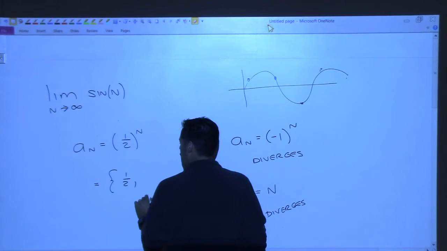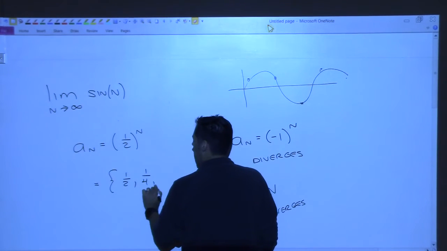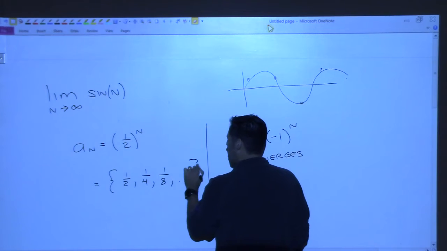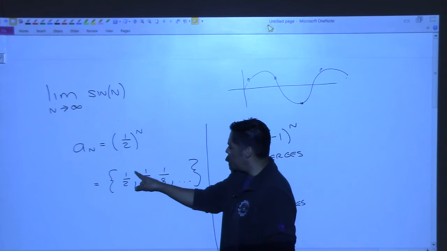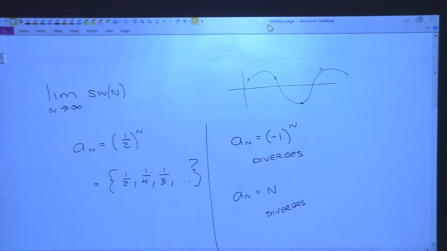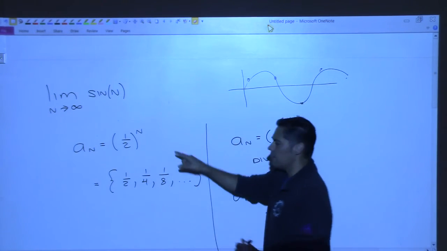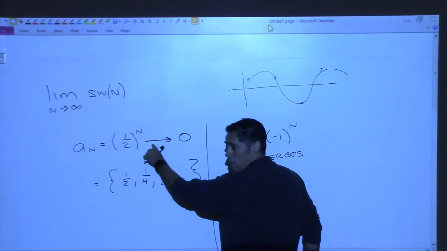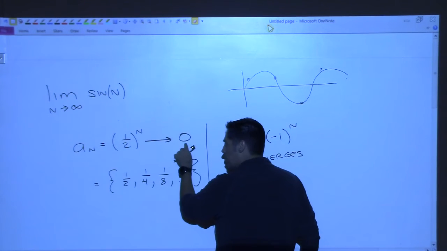What do you get next? 1/4. What do you get next? 1/8. You just keep on raising it to bigger and bigger powers. So what's happening here? The numerator is always 1, right? The denominator keeps getting bigger. So that ratio is going to squeeze down to nothing, right? So this limit converges to 0, doesn't it? So I put the arrow there to say that this converges to 0.